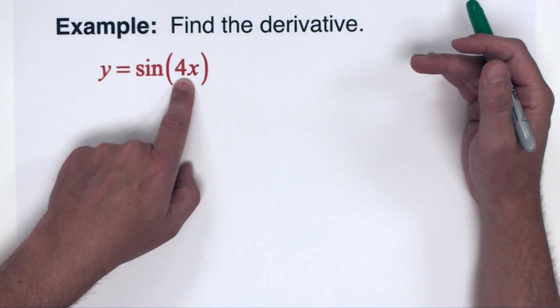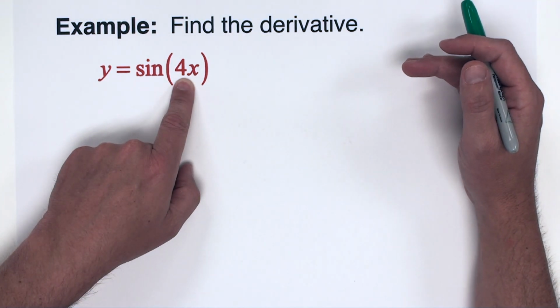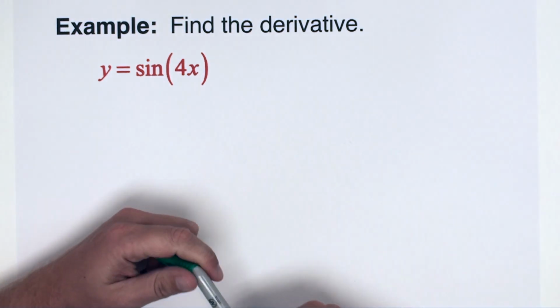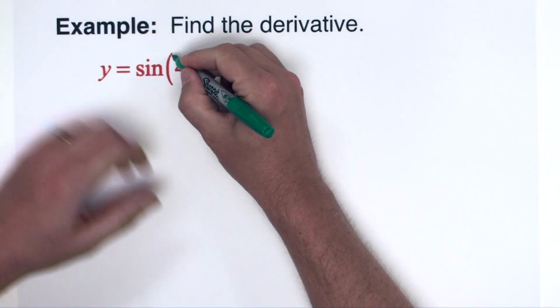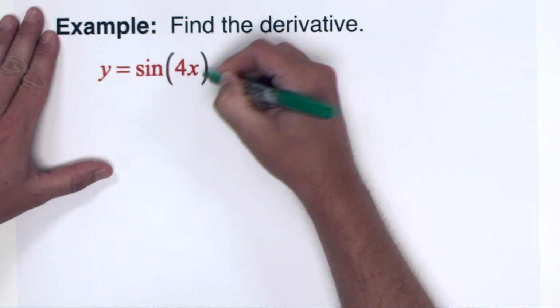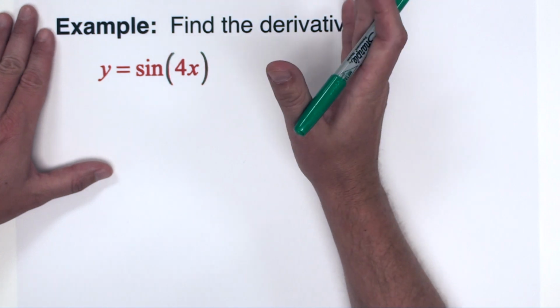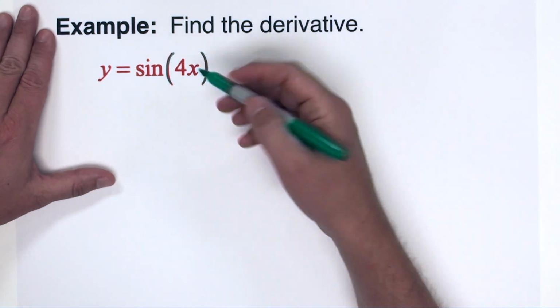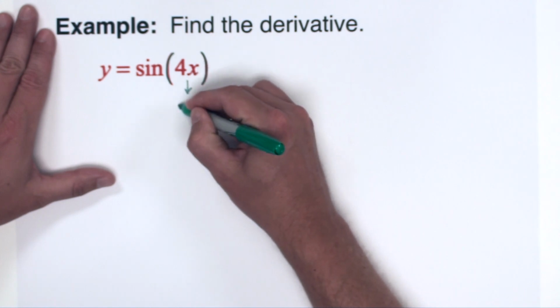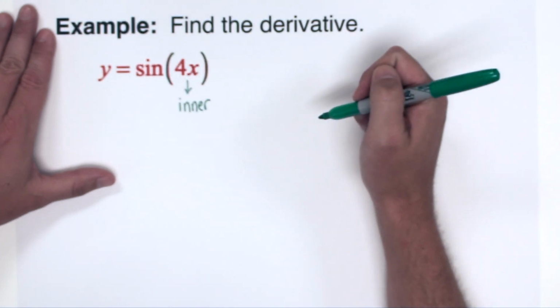So oftentimes with trig functions, you're going to be using chain rule, okay? And so when you see a trig function like this, whatever's inside the parentheses, if parentheses are used, sometimes parentheses aren't used, but it's implied that they're there, whatever follows the trig function, this is the inner function, okay?